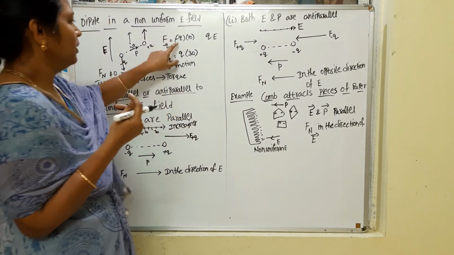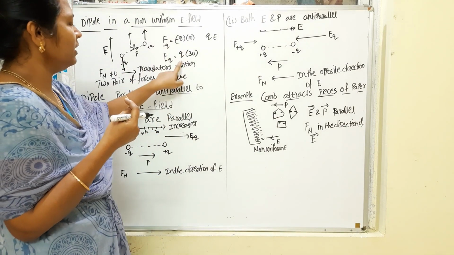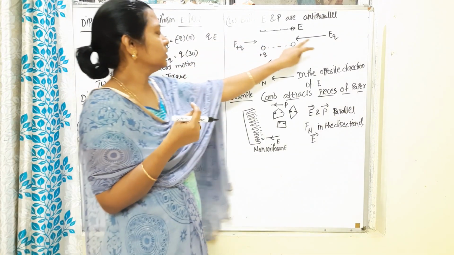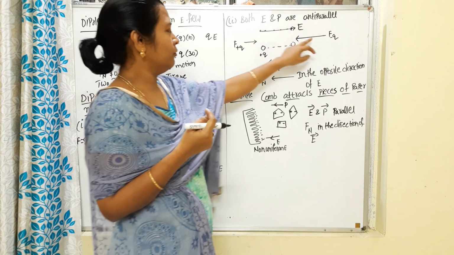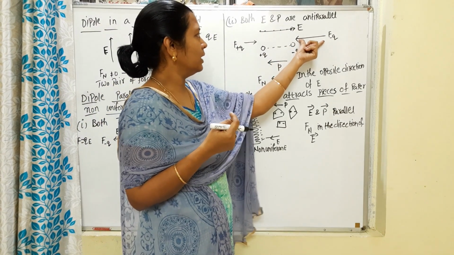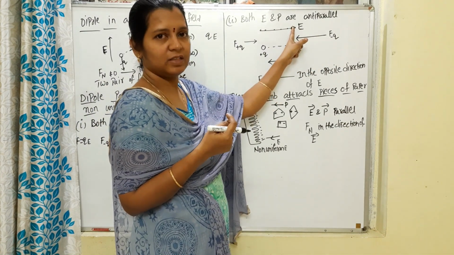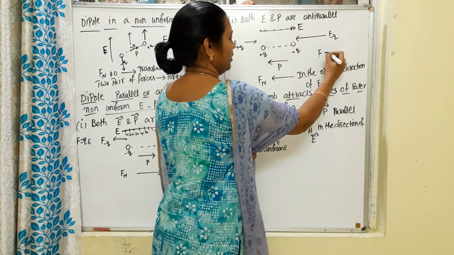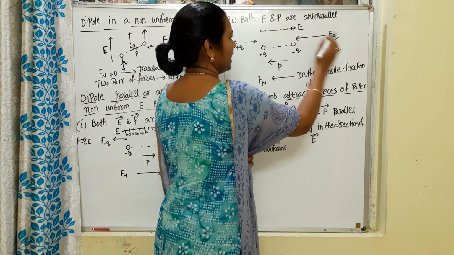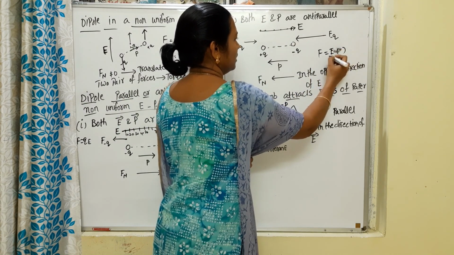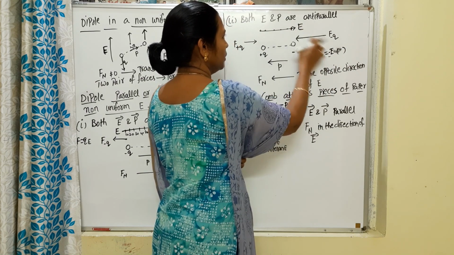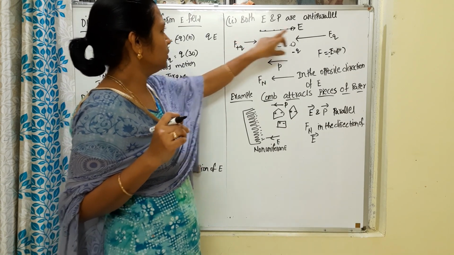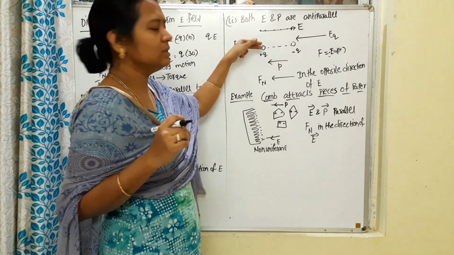The same example, the same thing: minus q times 10 or plus q times 30. We have to remember the same thing. So the force experienced by minus q is this much, because the electric field strength is large, but it is pointing in the opposite direction. F equals EQ; for the minus charge, F and E are opposite, whereas for the plus q charge, the electric field and force are acting in the same direction.